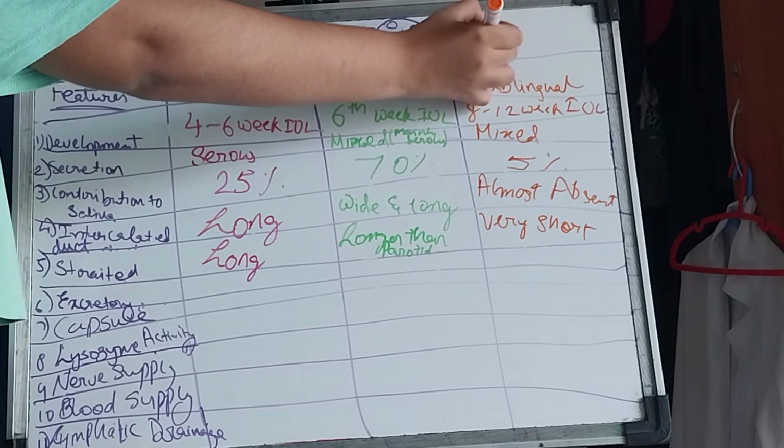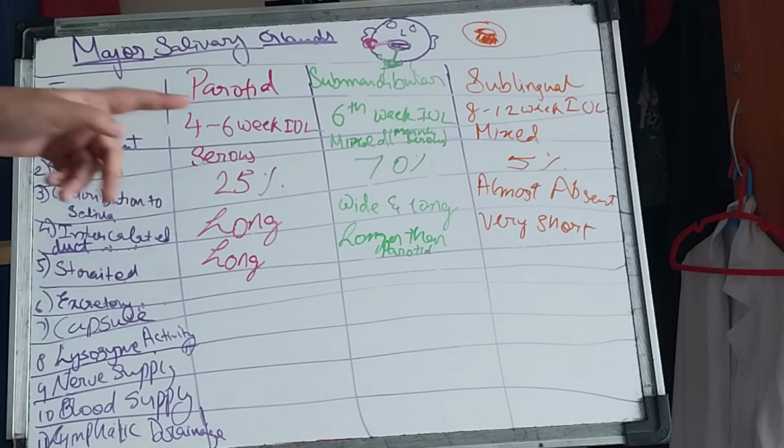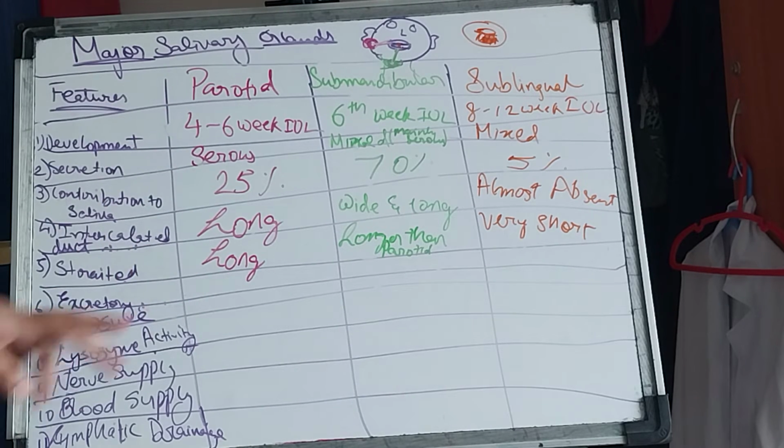So there are many ducts and very short ducts. They are called the Bartholin's duct. They secrete directly in the oral cavity. That is why the ducts are short in the sublingual.